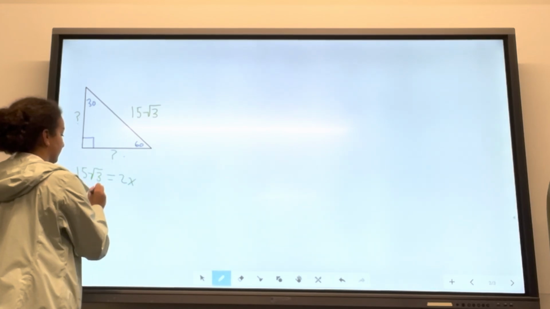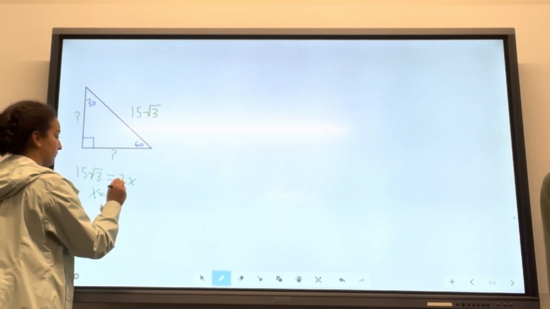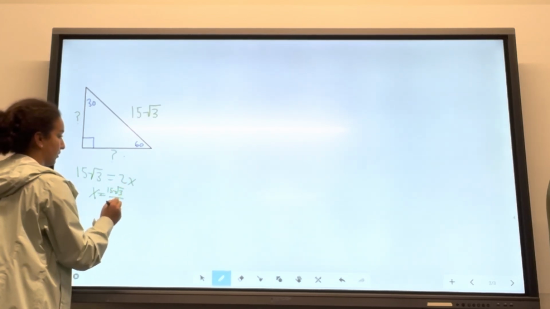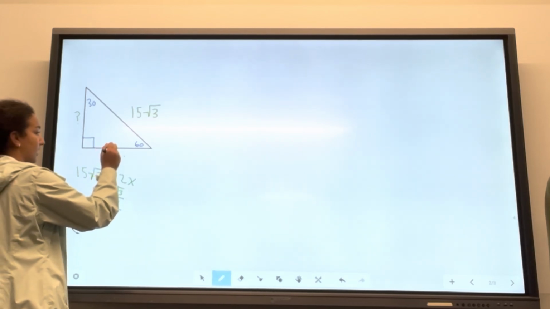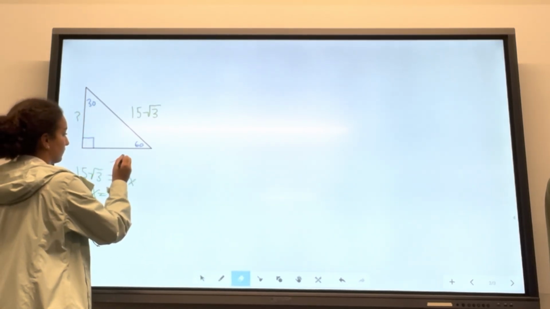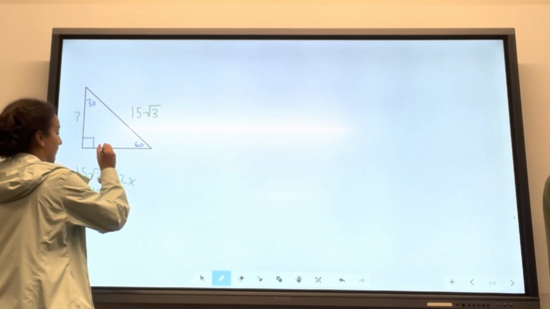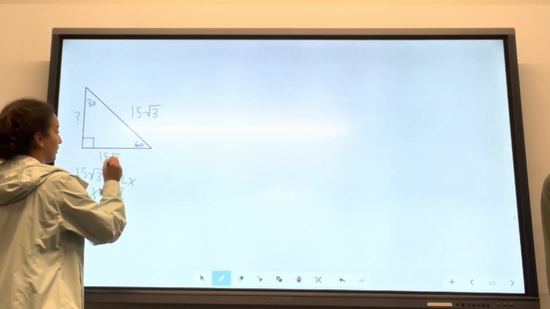And then that gives us x equals 15 root 3 over 2. And then, so that gives us this side. So this side would be 15 root 3 over 2.